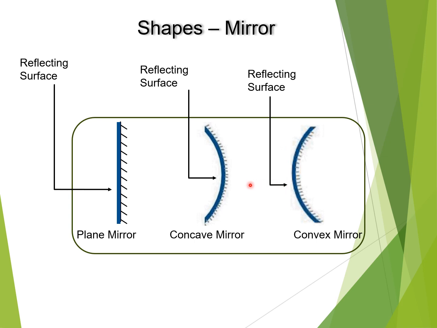The mirror in which the surface is bent inside is called concave mirror, and if the reflecting surface of the mirror is bulging outside like this, then it is called convex mirror. Both convex and concave mirrors are called spherical mirrors also. We can read more details about the mirrors in subsequent slides.